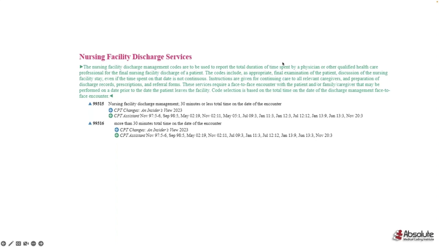And that's 99315. And that code is for 30 minutes or less of total time spent discharging the patient. And 99316, this is more than 30 minutes of total time on the date of the encounter. And I just put 31 minutes or longer.